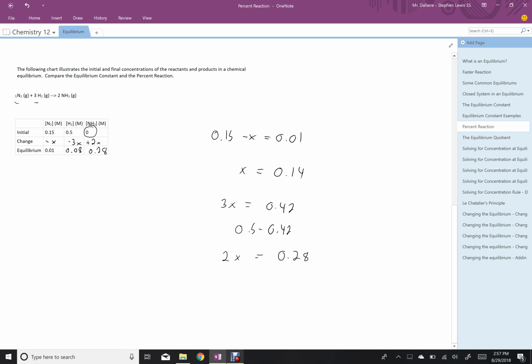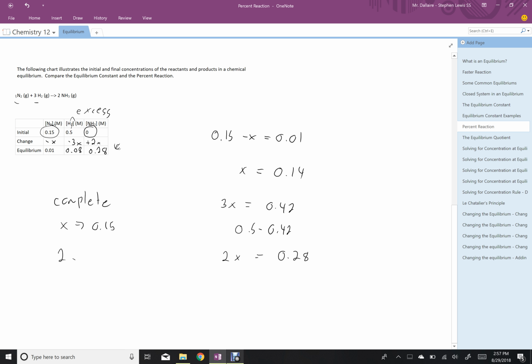Now, if this reaction had gone to completion, it would have used up all of this, and it would have produced as much of this as it could. This is an excess if you look at this carefully. So what that means then is that a complete reaction would have had x at 0.15. This is the complete reaction.